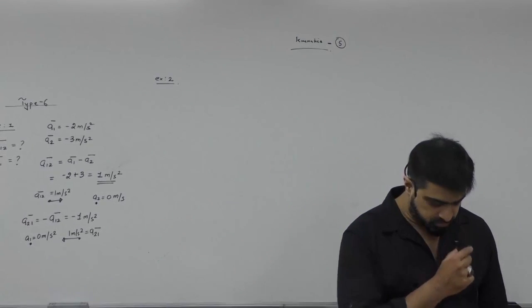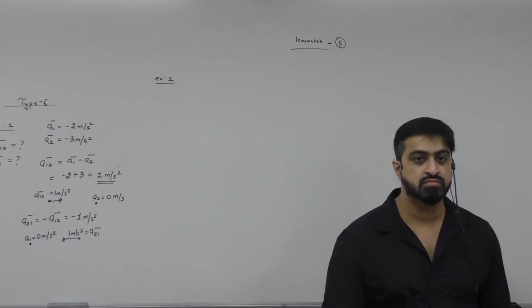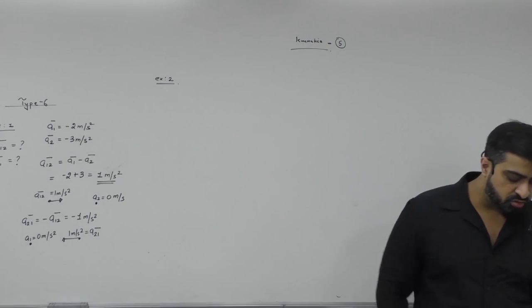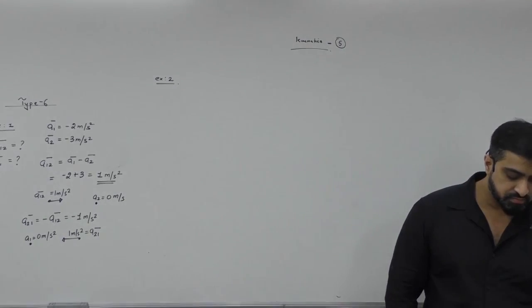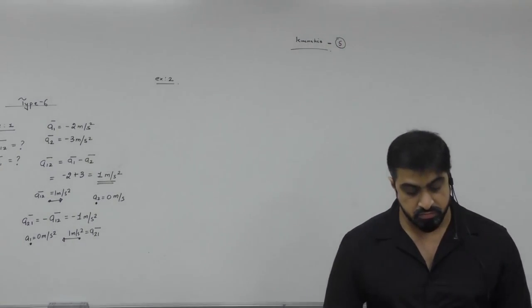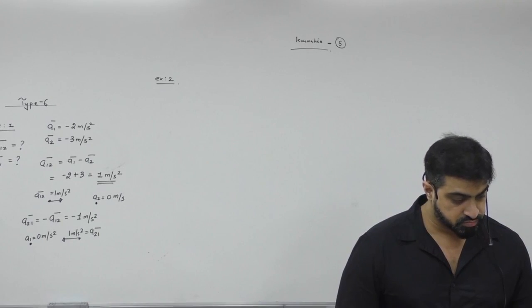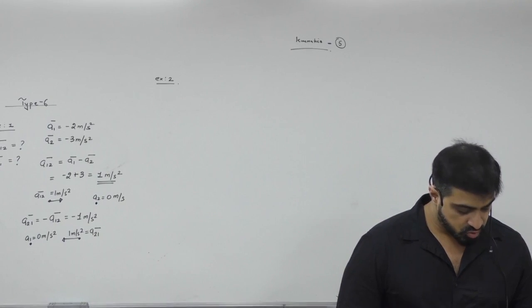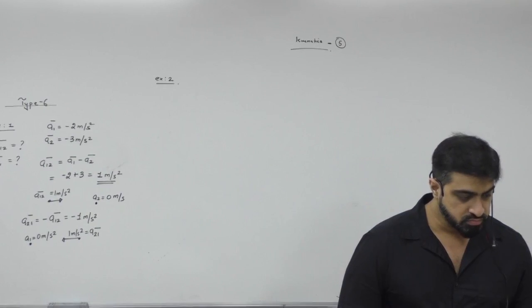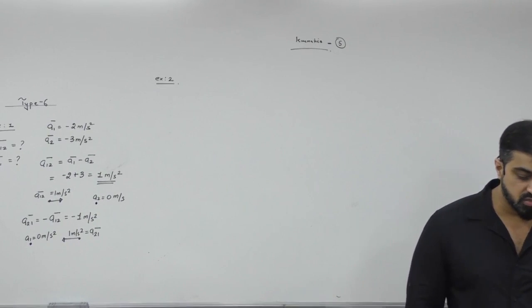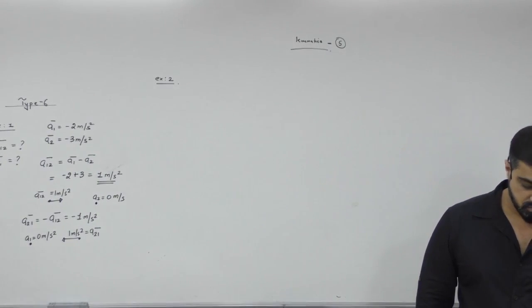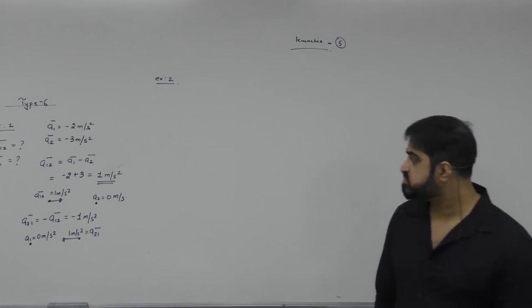And velocity of 2 is 4 meter per second towards north. Find V12 bar and V21 bar.